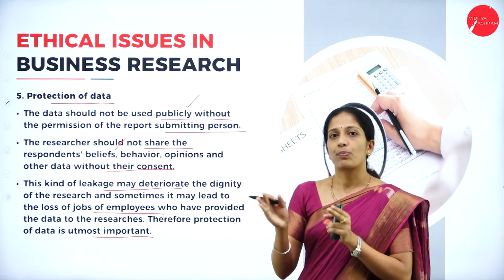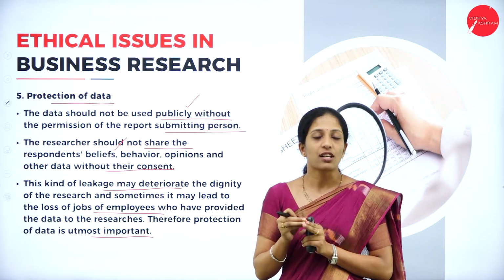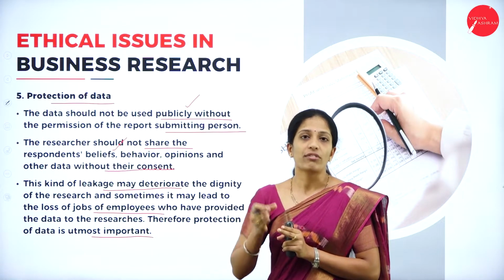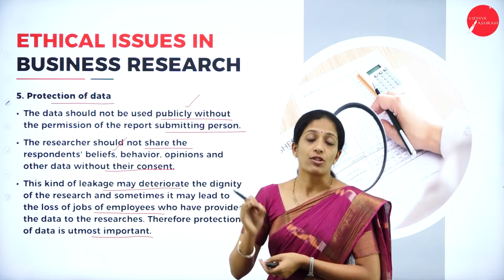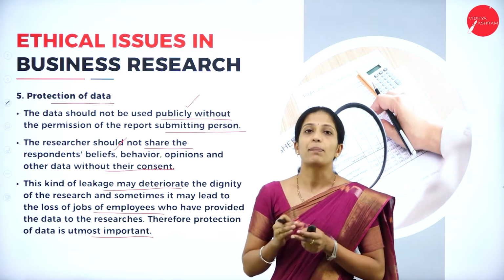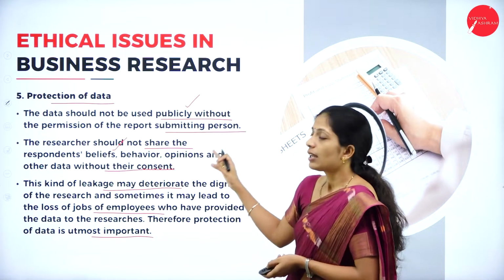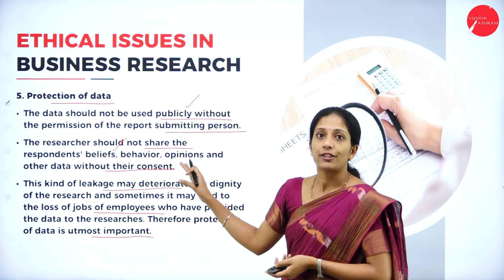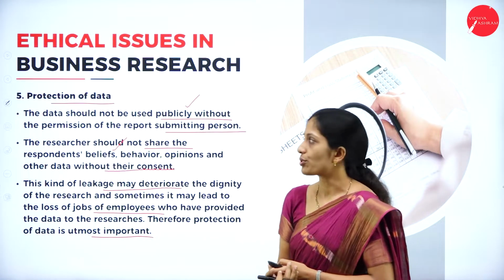It affects both the research work and the respondents also. The value of the research work goes on decreasing, and at the same time the value of the respondent also goes on decreasing if personal information is revealed in public. So the next ethical issue is protection of data. It should not be publicly disclosed.